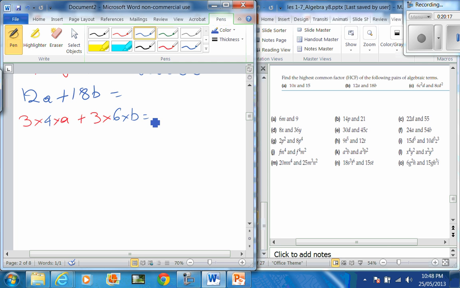But then I realized that I have to open it up to its prime factors, so I have to keep writing and keep breaking the 4 into its prime factors. So 4 is 2 times 2. The rest will be the red again. 3 times 2 times a. Remember, we did this and this. Plus 3 times b. And I have to open my 6 into its prime factors, which is 2 times 3.